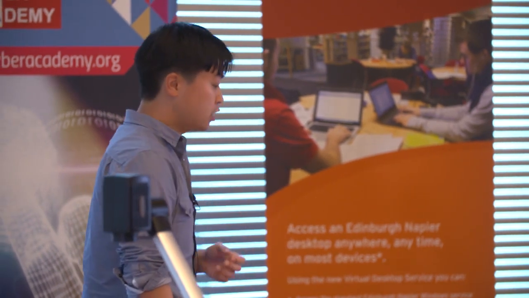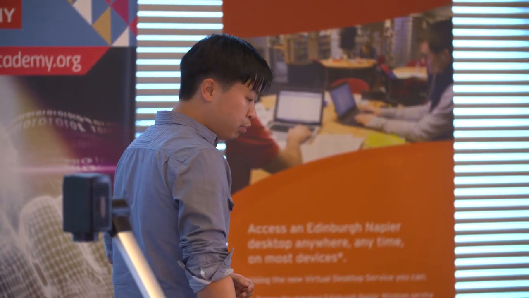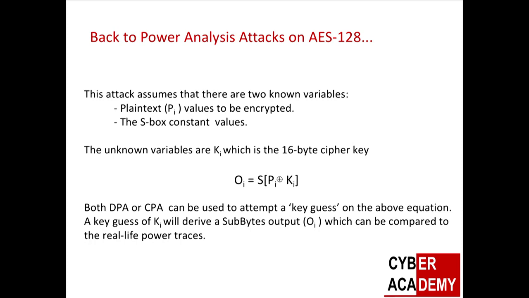I think the simplest way to describe how this attack works is that we first make a key guess, and this will be within the hex value range of 00 to FF. Then we calculate the sub-byte output based on the equation presented on the screen here. And finally, we compare the output to our real-life power traces.